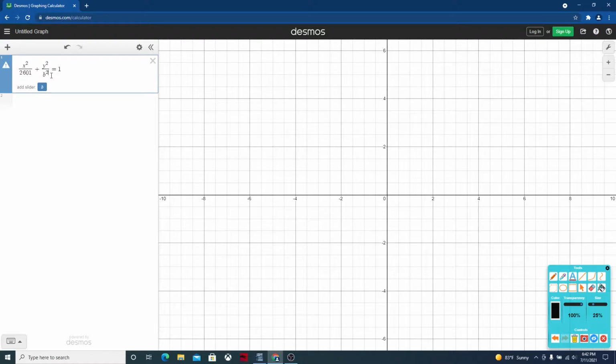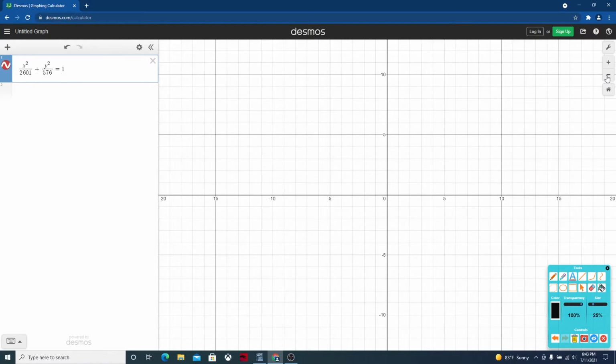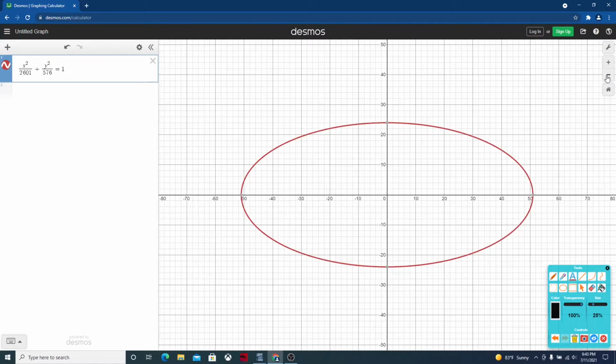And then we're going to go over here to the other denominator, and we're going to use 576, which was the smallest of the squares of those 3 numbers. Now in our Desmos window, we don't see our ellipse yet, and that's because we're zoomed in too close. We're actually inside the ellipse. So we're going to back out a little bit by zooming out. There, and there's our ellipse.